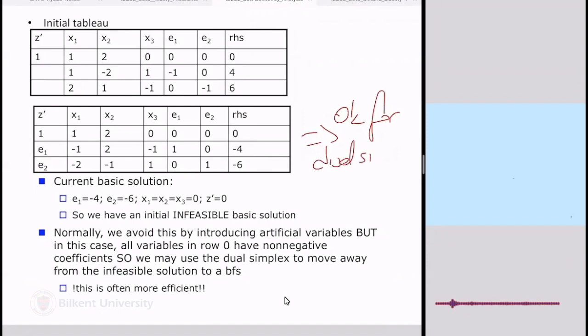Why? First of all, from here, I do have an identity, and basic variables' row 0 coefficients are 0. So that's a valid simplex table for dual simplex. I have a feasible dual and infeasible primal, which is okay in the dual simplex. So what do I do? I'll choose the most negative.